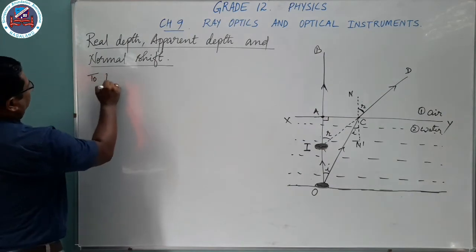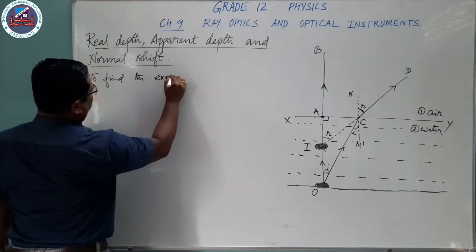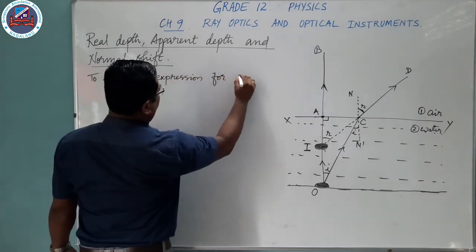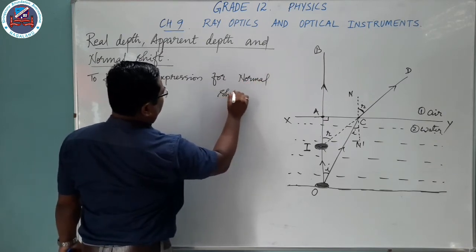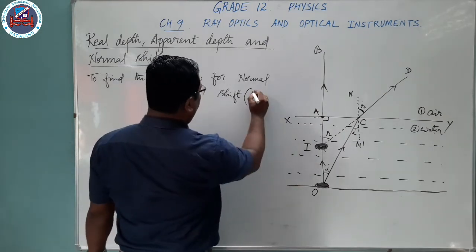To find the expression for normal shift, your normal shift is this one, OI.